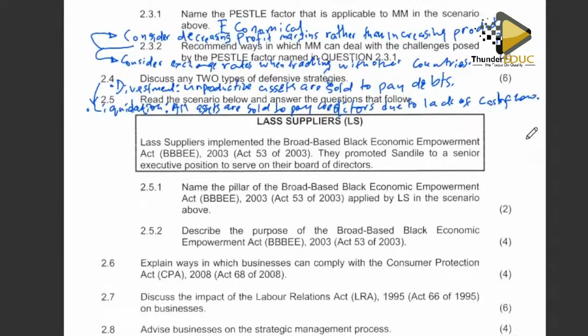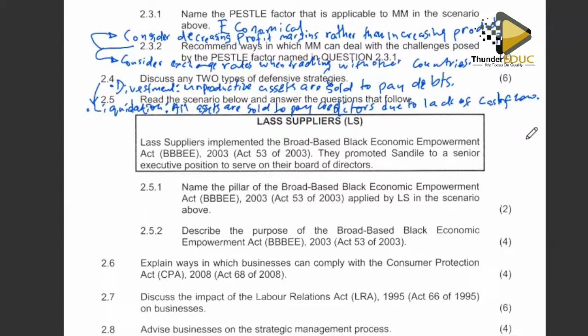So now 1.5 reads as follows. Read the scenario below and answer the questions that follow. We have large suppliers. So now less suppliers implemented the Broad-Based Black Economic Empowerment Act, which is BBBEE 2003, Act 53 of 2003.